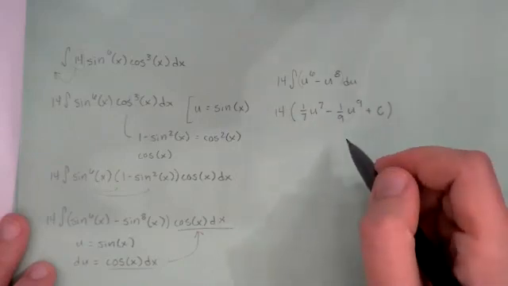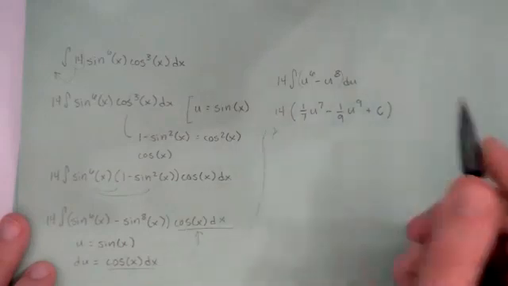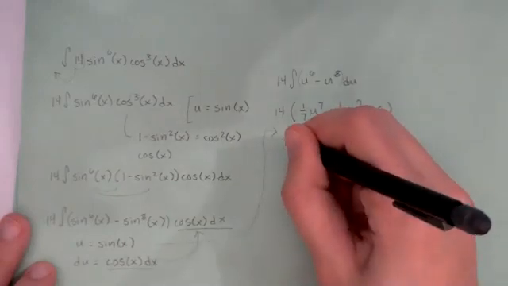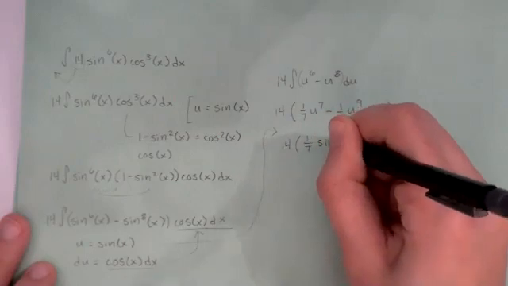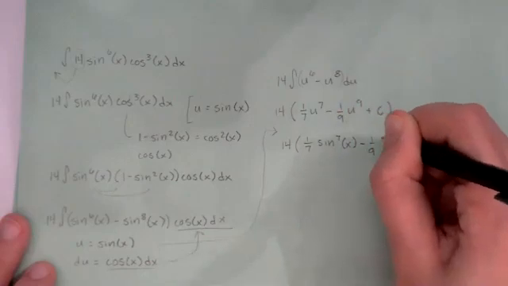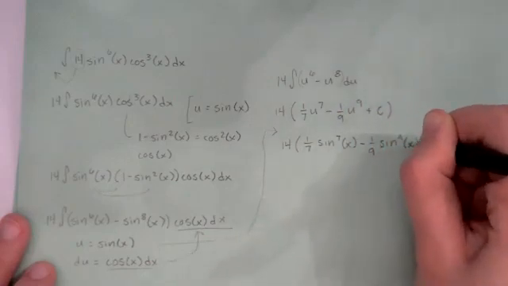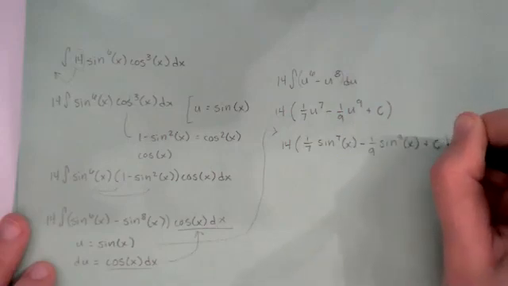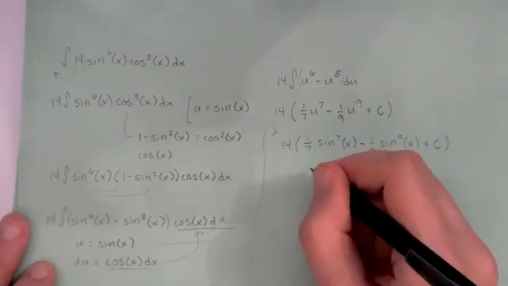I would recommend plugging your u in at this point. So that way you have 14, 1/7 sine to the 7th of x minus 1/9 sine to the 9th of x plus c, and then going in with your 14 and distributing that across.